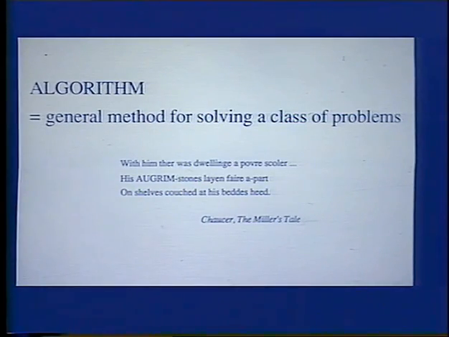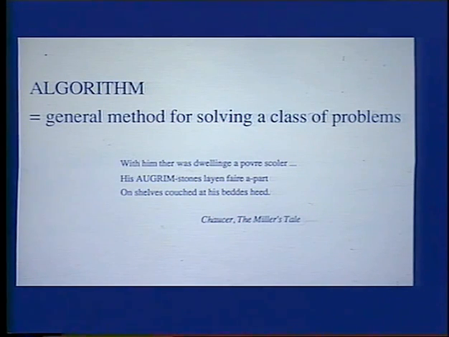Now, the name came west together with the idea, and it got a little corrupted as it came west. And the modern Western form of the name al-Khwarizmi is simply algorithm. And today we say algorithm, meaning a general method for solving a class of problems.